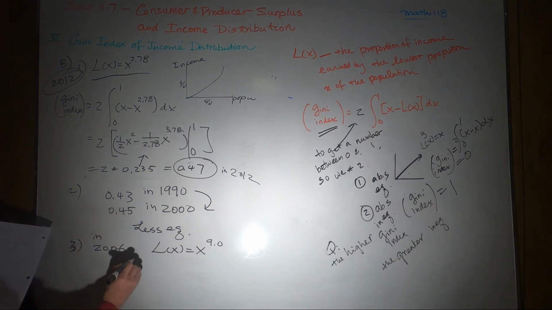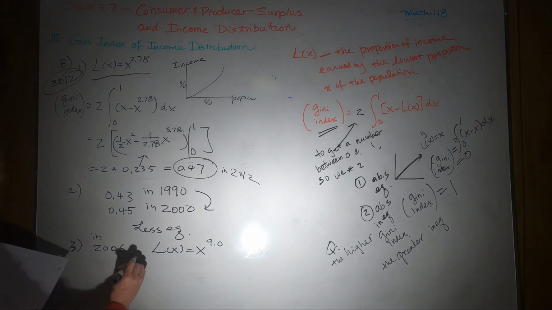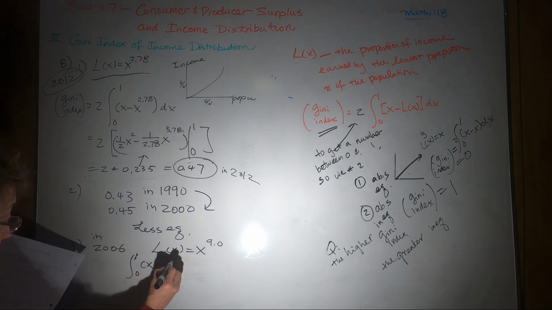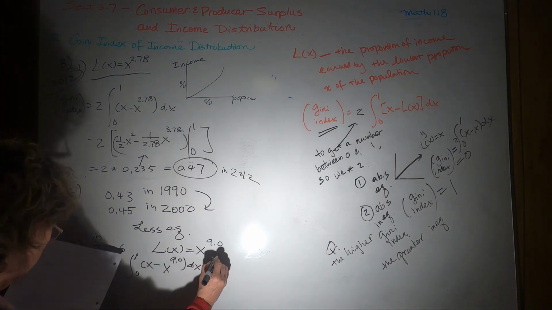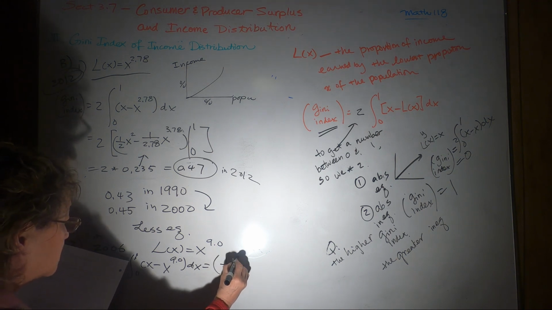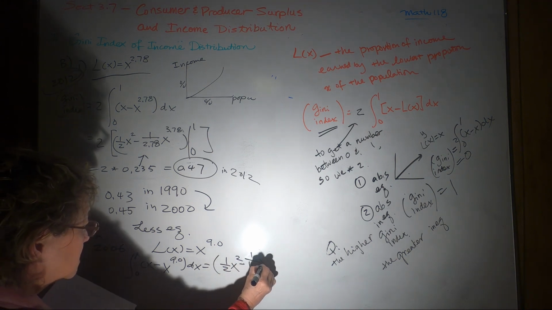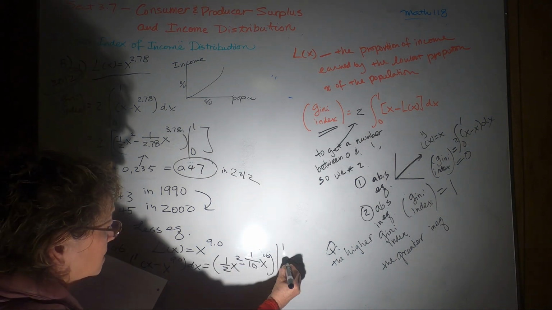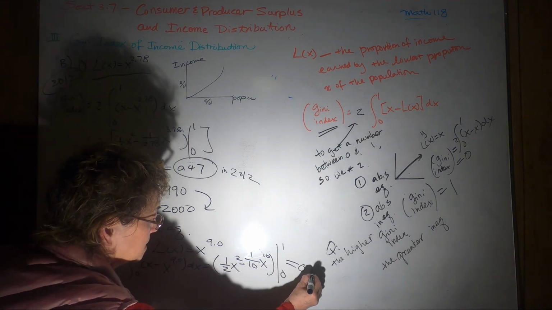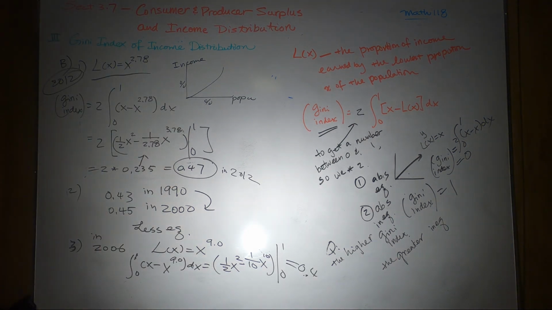So we do x minus the Lorenz curve, then dx. The antiderivative of this would be x squared over 2 minus 1/10 x^10, from 0 to 1, and the number is 0.4. This is the integral, but the Gini index is double the integral, which will be 0.8.